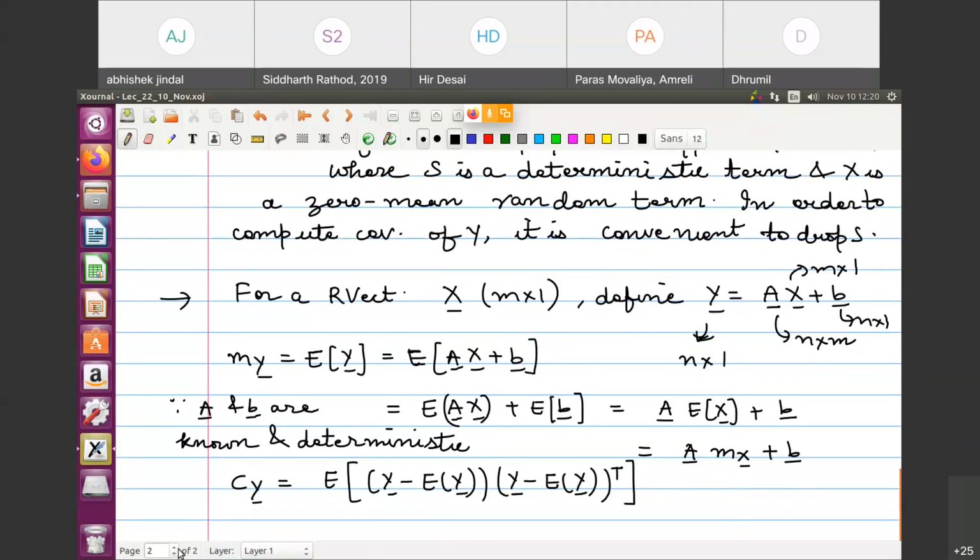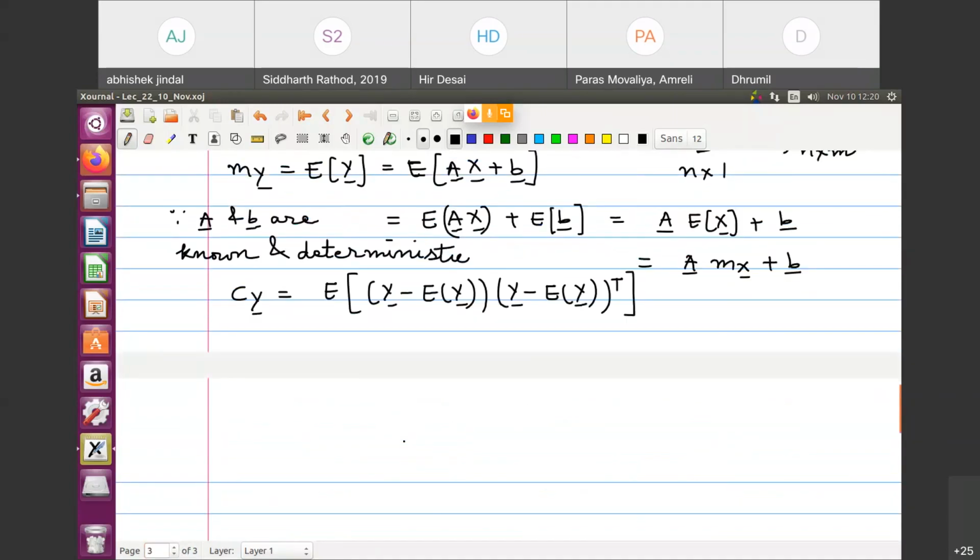You just plug in the expressions for y and its mean. So this is equal to the expectation of A times (x minus m_x) times (x minus m_x) transpose A transpose.